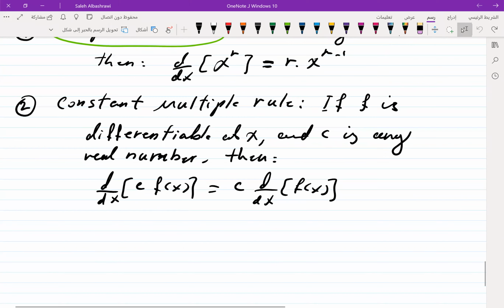Third rule, the sum and difference rule.